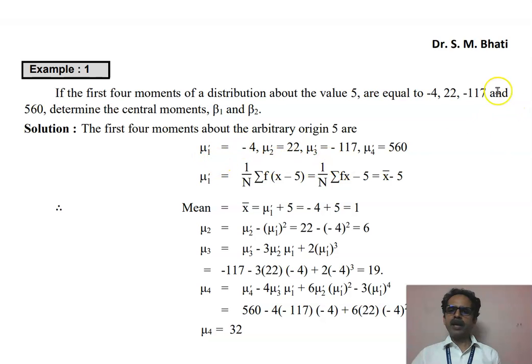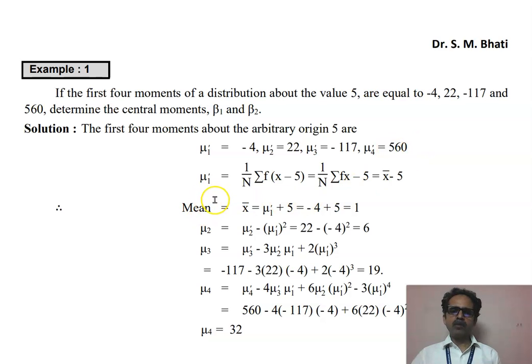That means mu1 dash is -4, mu2 dash is 22, mu3 dash is -117 and mu4 dash is 560. These values are given in the problem.